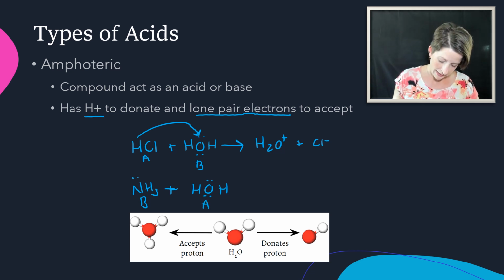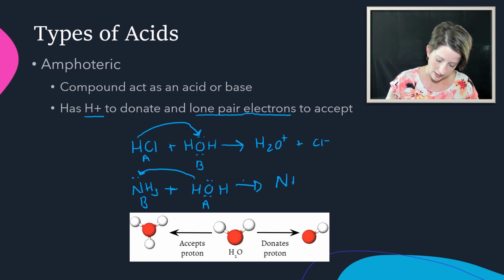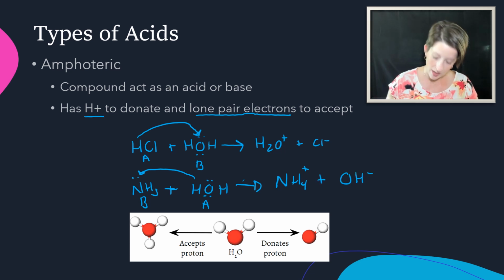So water is going to act as the acid, and it's going to donate a proton to that nitrogen because that nitrogen is going to have a preferential reach to those hydrogens over that oxygen. So when this happens, that nitrogen compound makes an ammonium ion, so this is where ammonium comes from, and it's going to release a hydroxide ion.